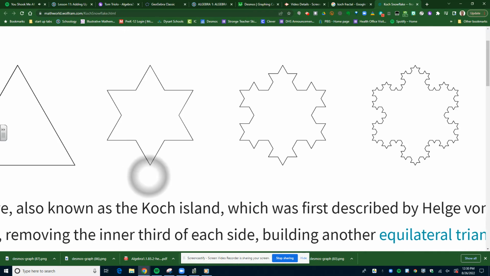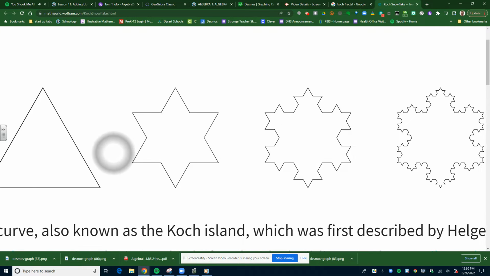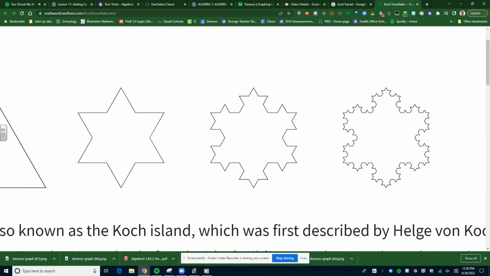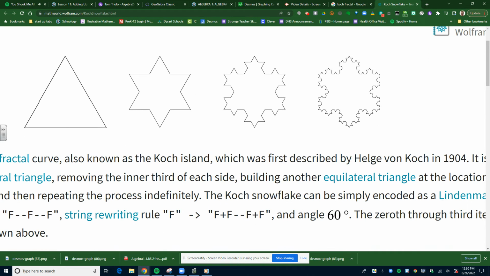So here was the first one, this was the second one, and this is the one that we just created. And that is what it's going to look like in the next iteration, because then again, pull, pull, pull, and then you can get all sorts of cool stuff. It was first described by a mathematician, Helge von Koch, in 1904, more than 100 years ago.